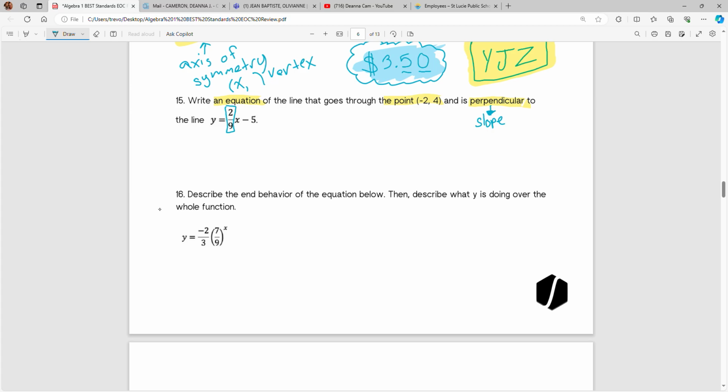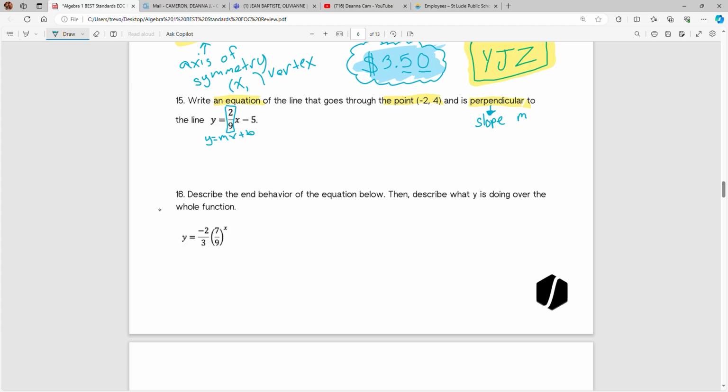And I can write an equation in point-slope form. So this one here is in y equals mx plus b format, where m is the slope. And I can write an equation in point-slope format. And if you look on your reference sheet, they do give you this formula on your exam.